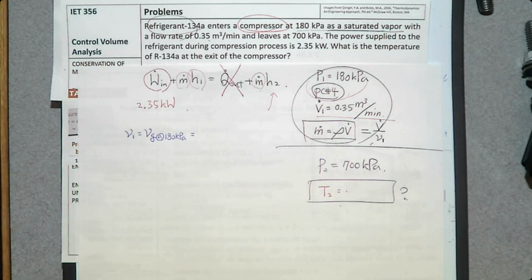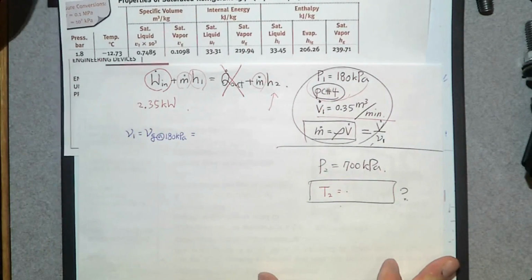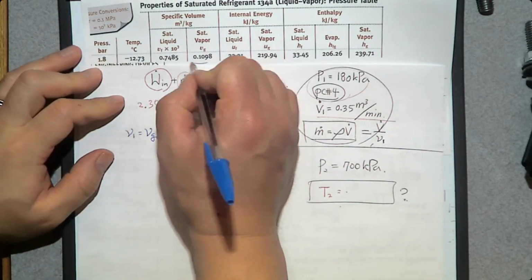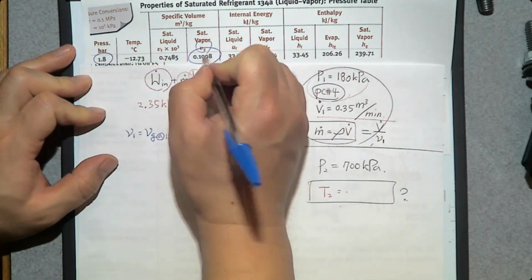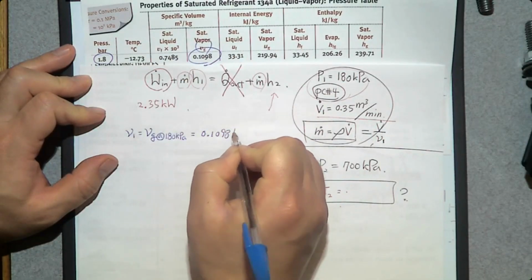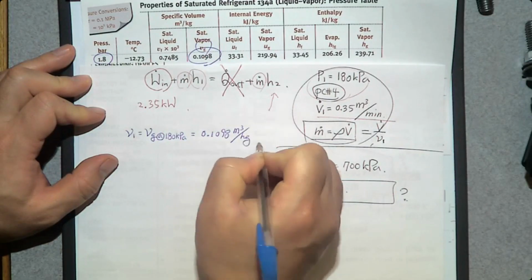So where can we find Vg at 180 kilopascal? From the pressure table. There is a pressure table, 180 kilopascal. Where is Vg? This one, 0.1098 cubic meters per kilogram.